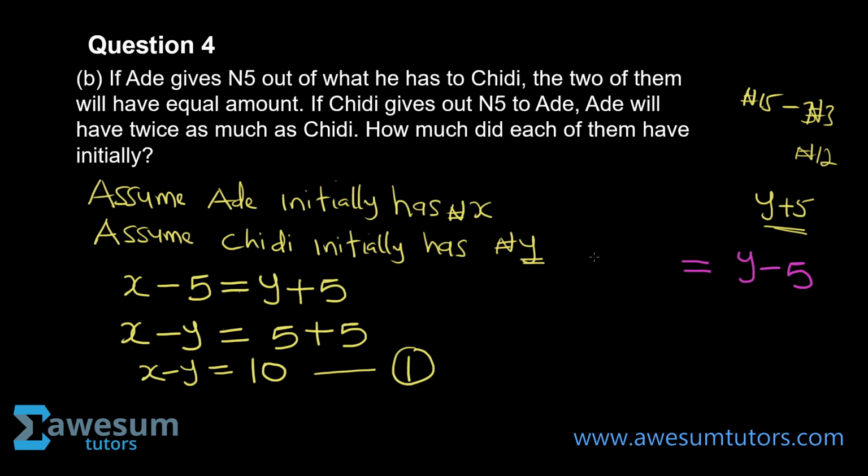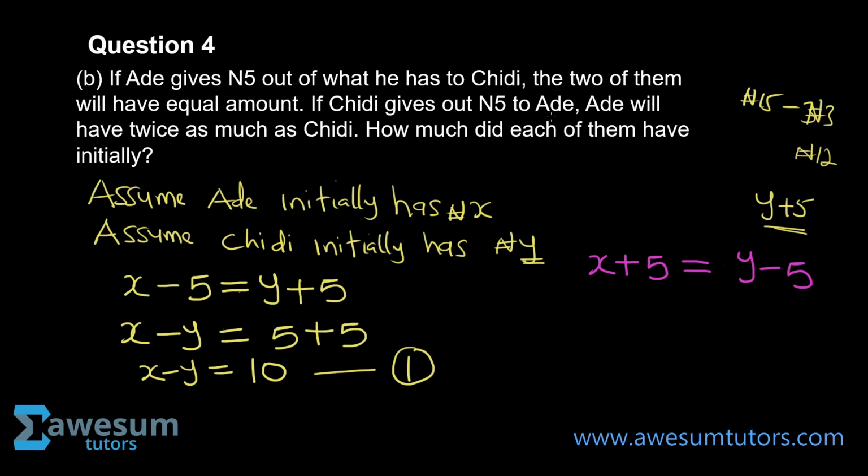So that means Ade, who initially has X, now will be plus 5 because Chidi gives out 5 naira to Ade. But Chidi, who gave out 5 naira, will be Y minus 5. Okay, let's go ahead.